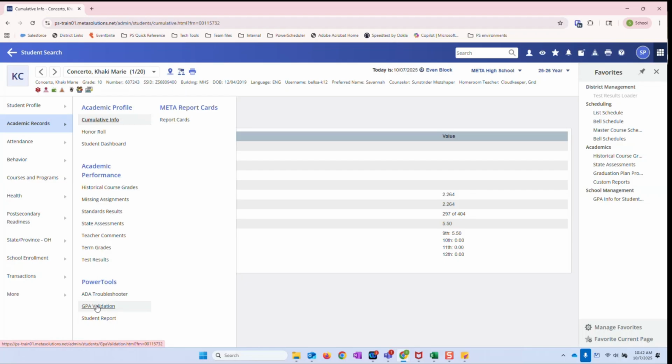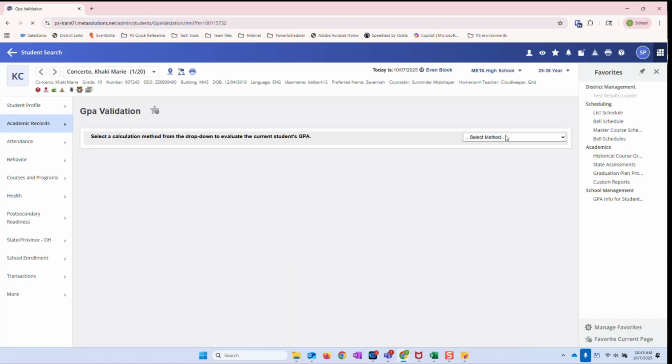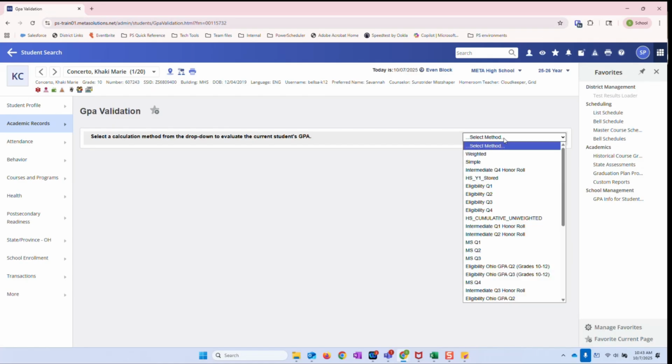Basically a tool that could be added on to PowerSchool somewhere. The reason I say all that is because GPA validation is a customization that Meta did not create, but I find it useful. It's out there and it probably is available to you in your own district. I'm going to click on GPA validation, because when I was in a building, I utilized this, and since I've been out of a building, I've also utilized this quite a bit.